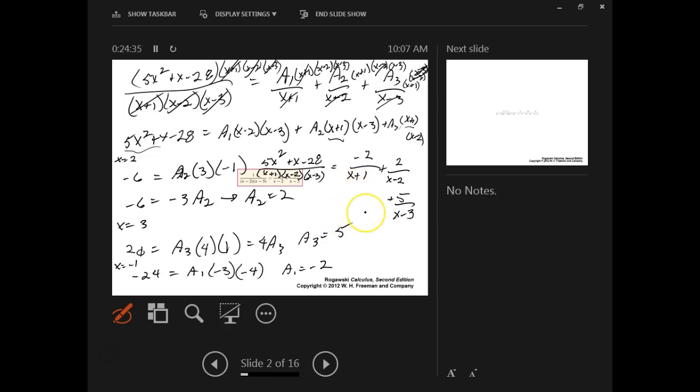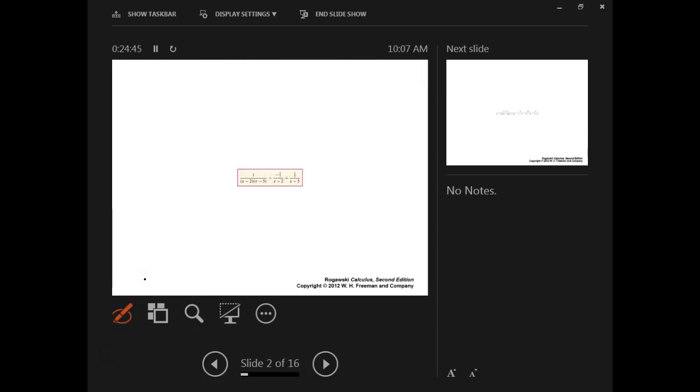So let's go to example 1, and I think this is part of example 1 here, so let's go down here and clear the ink and evaluate this. The integral of dx over x squared minus 7x plus 10.